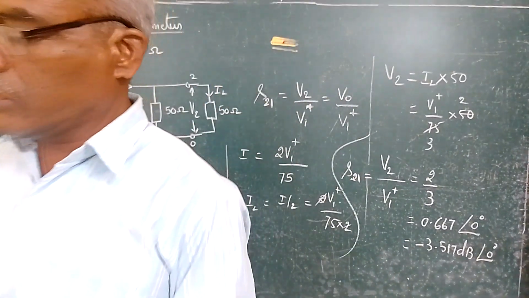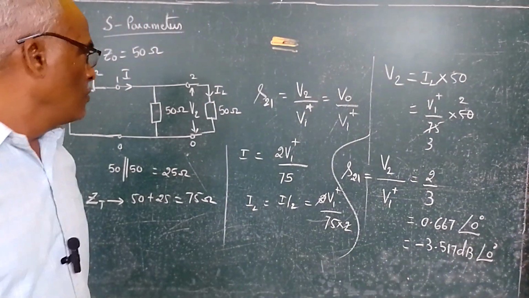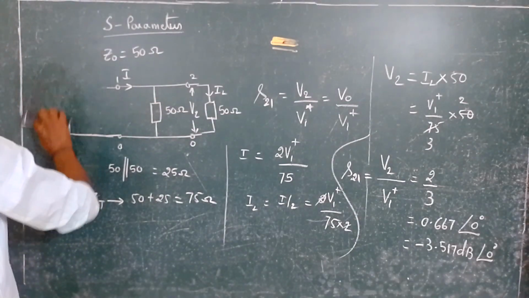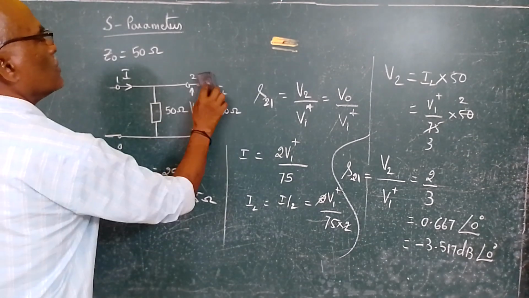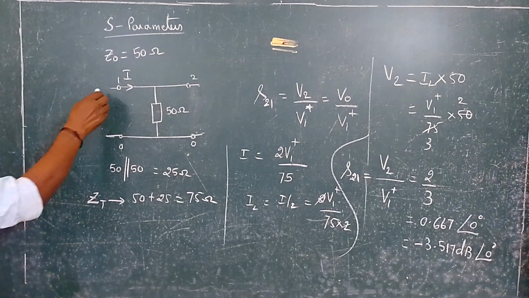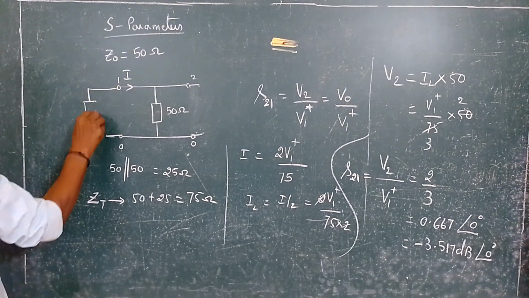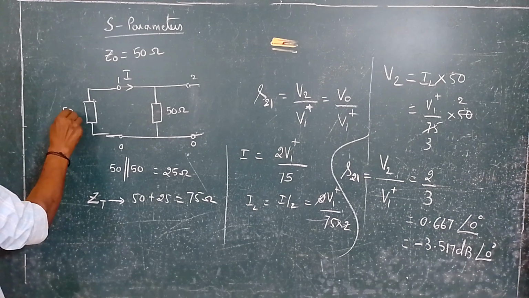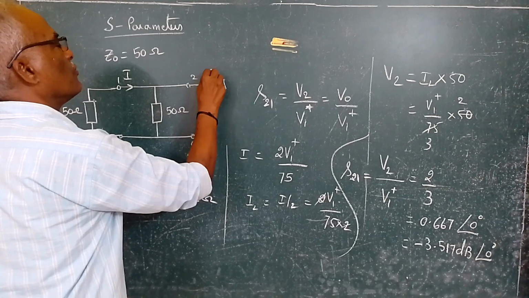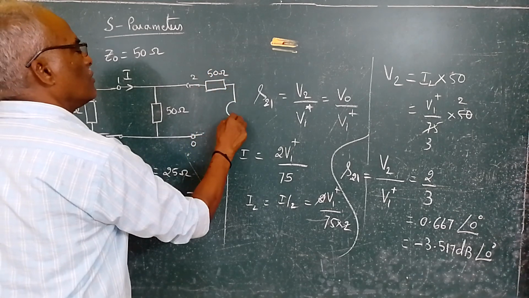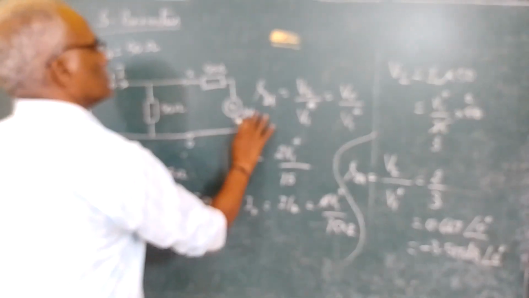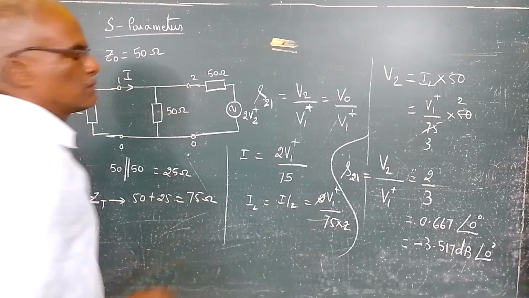Next we have to find out S12. For finding out S12, this load is connected to port 1, so this will be 50 ohms, and at port 2 we have a series impedance of 50 ohms, and here we will be having a source which is 2V2 plus.